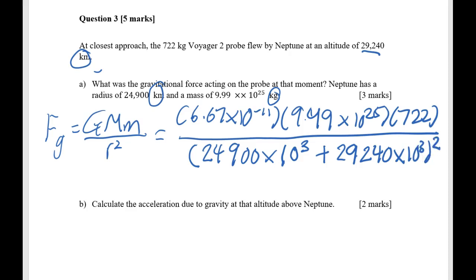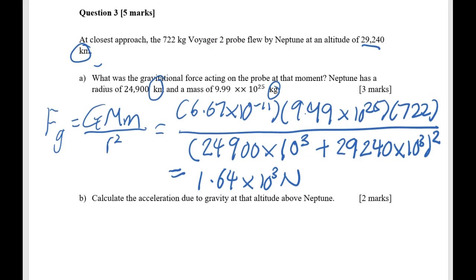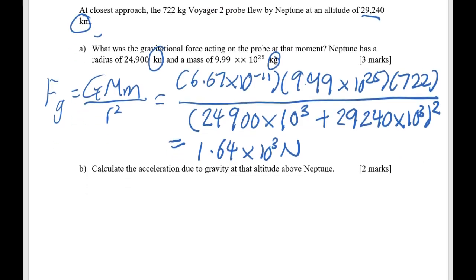The whole thing here, you need to square it. And you should arrive at the answer to be 1.64 times 10 to the power of 3 Newton. Okay, so that's how you solve it. The main problem here is that you have to realize you have kilometer to change to meter.